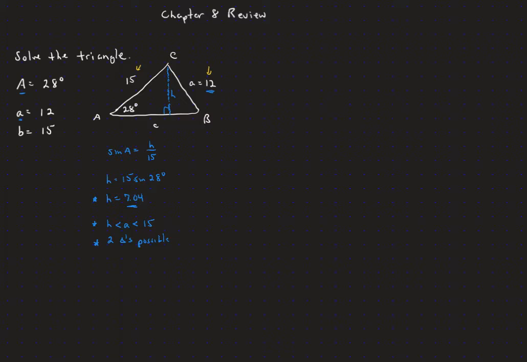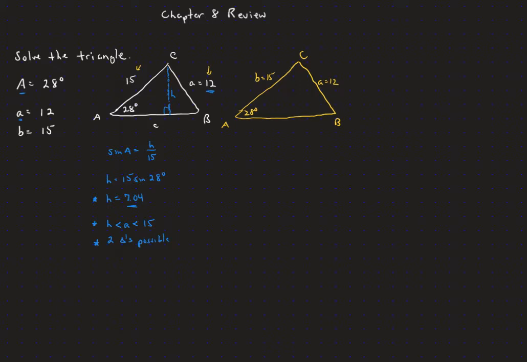So now what happens is we're going to have two different versions of our possible triangle ABC. One is like what we see here, where that angle B is going to be an acute angle, and A is still going to be 28 degrees. This side A is still going to be 12. That side B is still going to be 15.